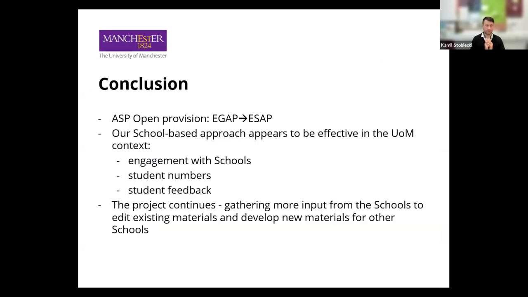So to conclude, our provision is becoming more specific, and this school-based approach appears to be effective in our context. And this is evidenced by increased engagement with schools, because in each of these courses, for example, the School of Social Sciences would include law, economics, social anthropology and many different disciplines.